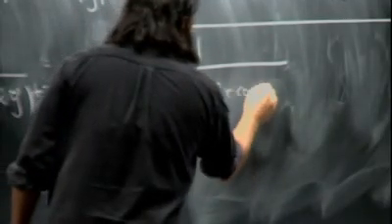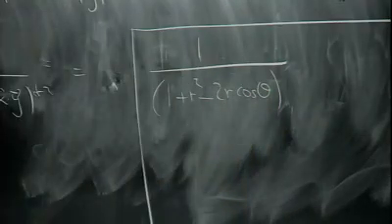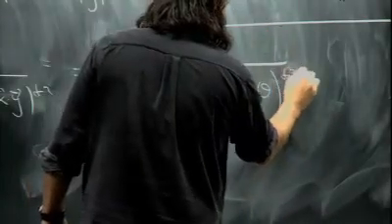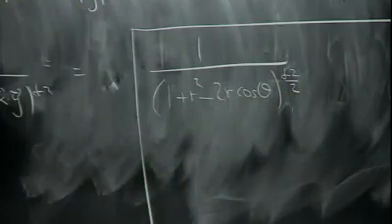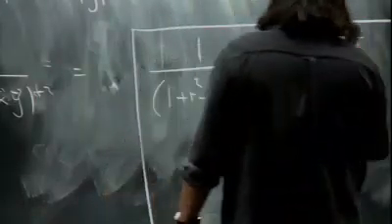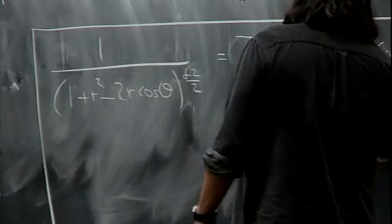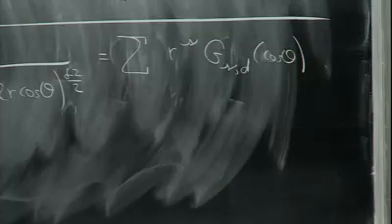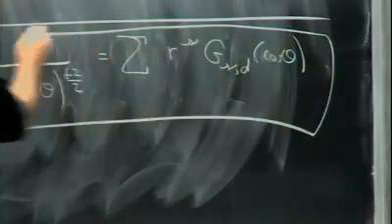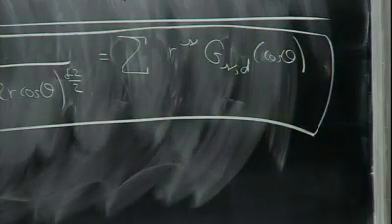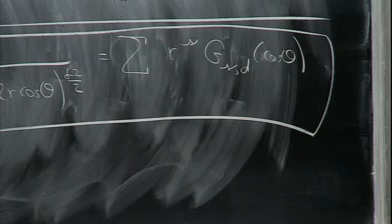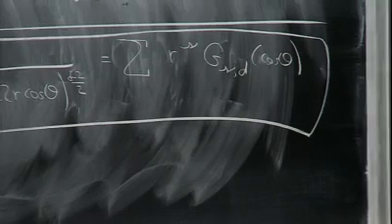So this is really the statement 1 over 1 plus r squared minus 2r cosine theta, that's the angle between x and y, to the d minus 2 over 2 is equal to the sum of r to the s, g s of d of cosine theta. Okay, so that's the definition. And that function of cosine theta is what can appear in the numerator of our residues. So these are called Gegenbauer polynomials.